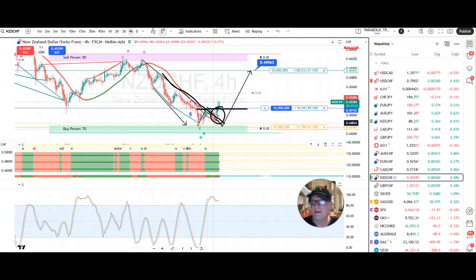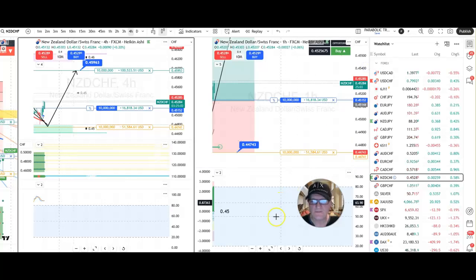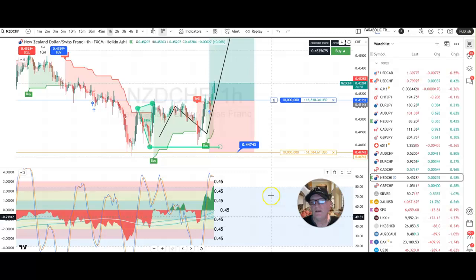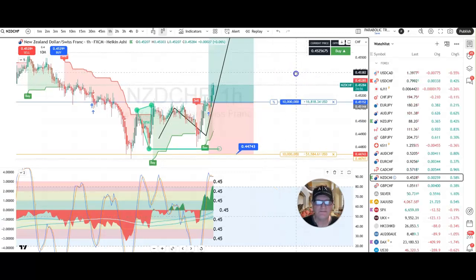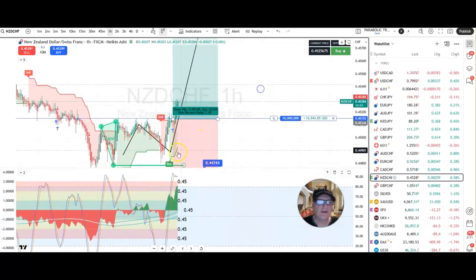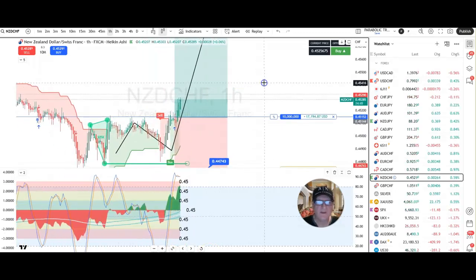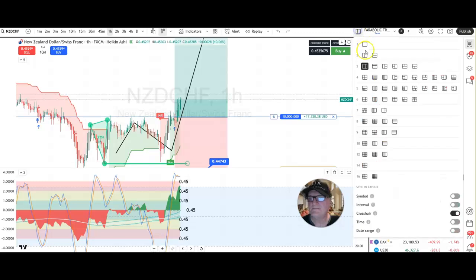So that indicates continuation is highly likely with all the buyers in. We can have a look at the 1 hour chart to see how that looks, and you know what it looks like. So everything green, early stages of that move, and so that should do very nicely indeed.